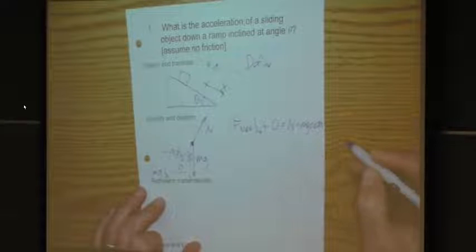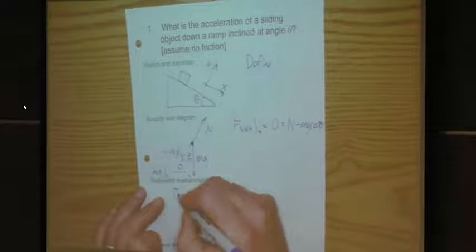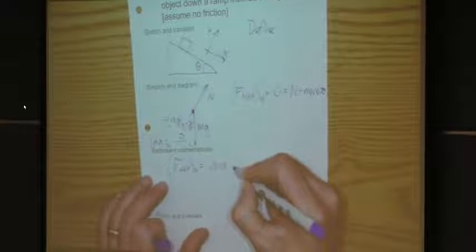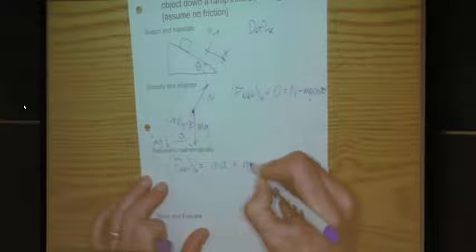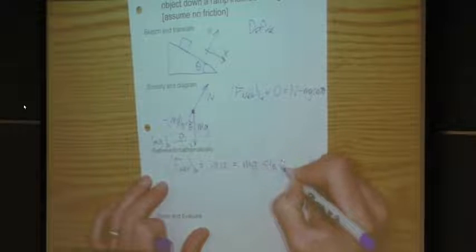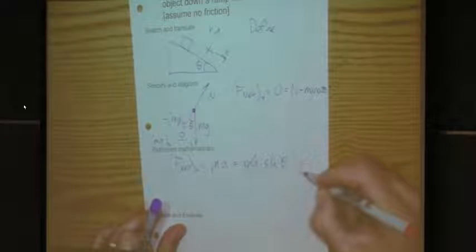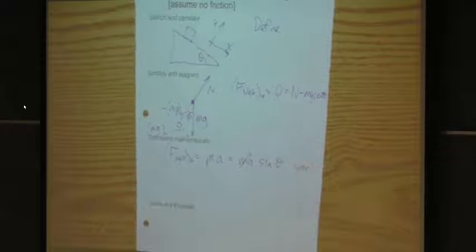Actually, I don't care about that. I care about the fact that F net in the x direction is equal to m times a, which is going to be mg times sine theta, which is why the m's don't matter. And you get that a is equal to g sine theta.